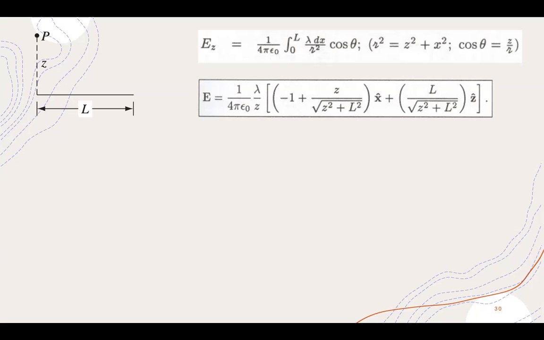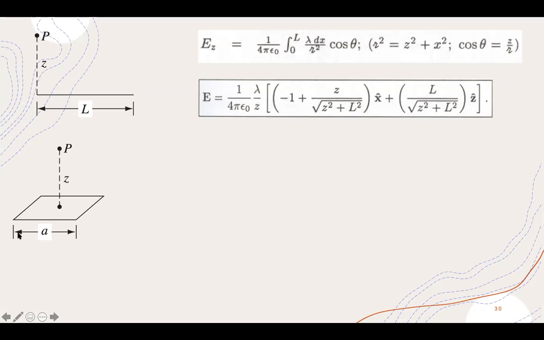Okay, another such kind of problem could be more complicated, and you have a situation like this. You have a rectangular wire, in a square shape, something like this.